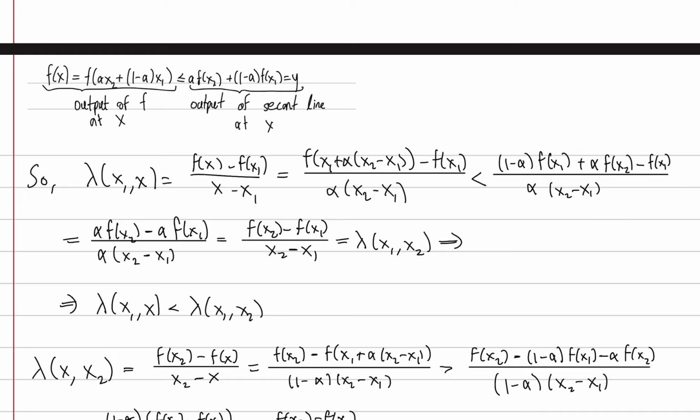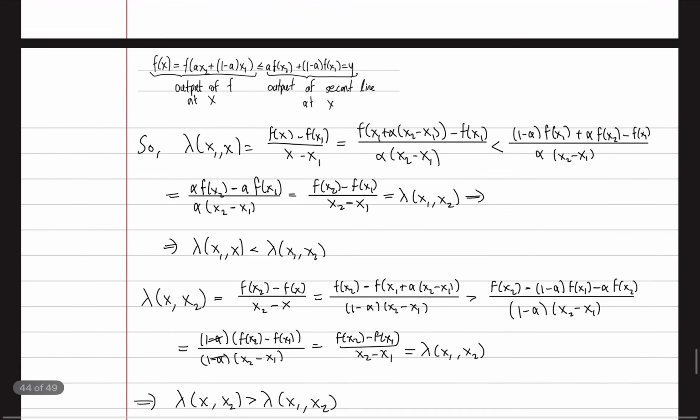We're going to expand, cancel out f of x1, and we're just going to get alpha times f of x2 minus alpha times f of x1 over alpha times (x2 minus x1). Factoring in our alpha and canceling, we get f of x2 minus f of x1 over x2 minus x1. But this is lambda, which is the slope of the secant line of x1, x2. So we have proven the first one, right?